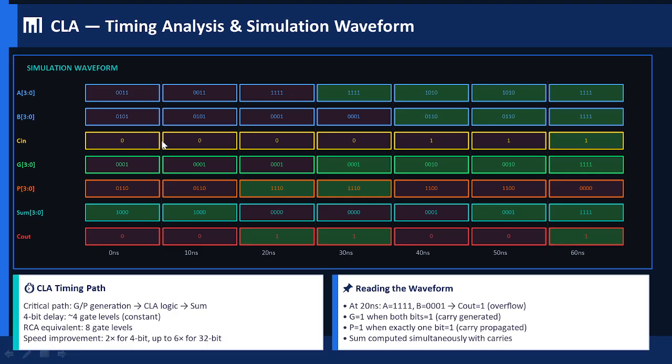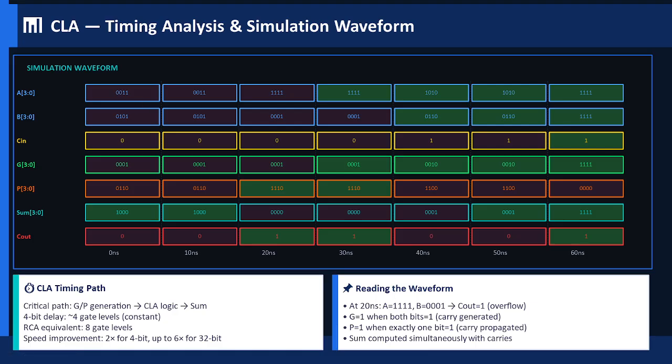Take C in as 0 for now. So based on this, we need to check whether your signals are generating any generate signal. So how are you going to determine that? When to keep the generate signal 1? When both inputs are 1, okay, see here.